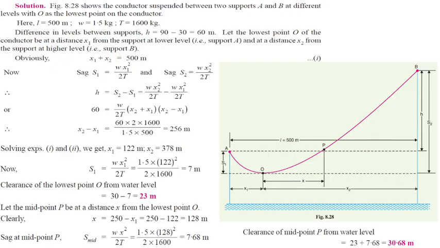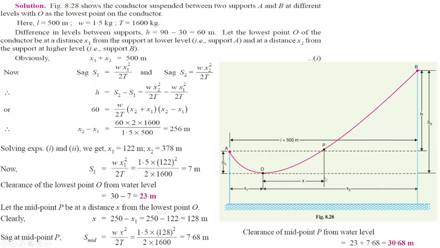Clearance of midpoint P from water level, so from here to here. S1 is equal to 7 meters. From here to here is equal to 23 meters, right?